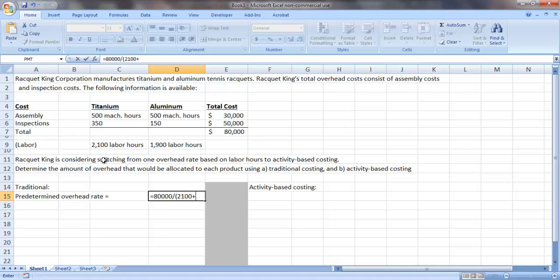So that's the 2,100 labor hours for titanium and 1,900 labor hours for the aluminum racket. We see that that is $20, and again that's $20 per labor hour.